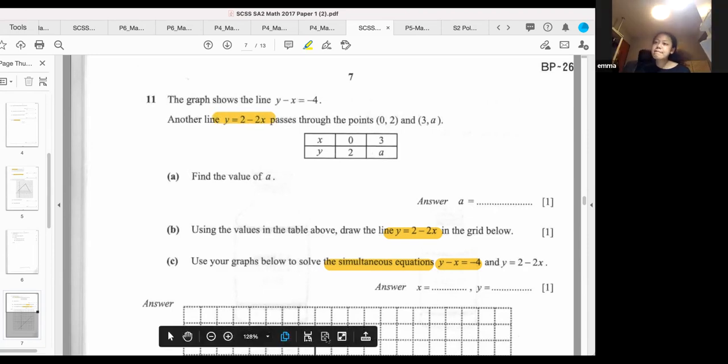This one is drawn for you below. Minus 4.